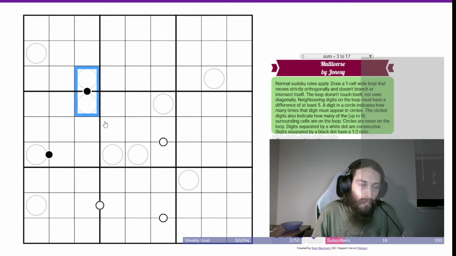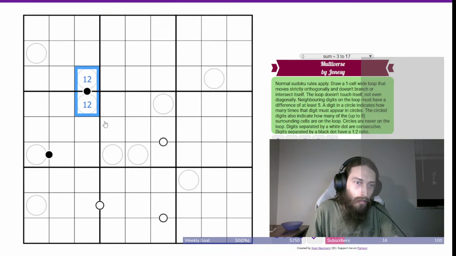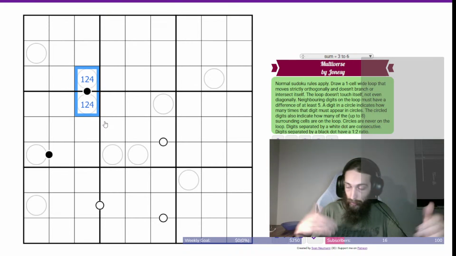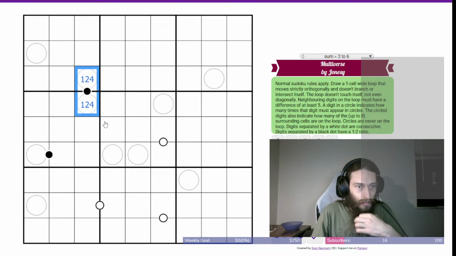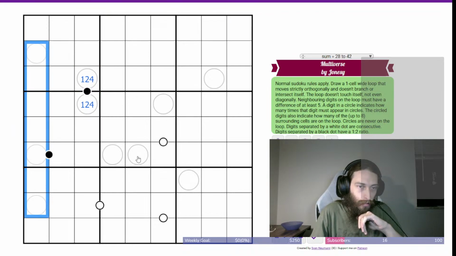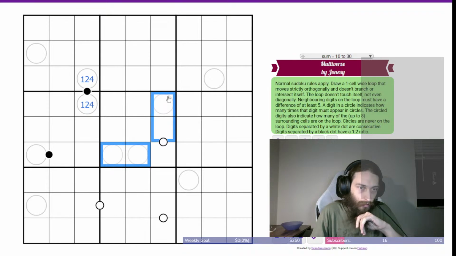Well, that means this is going to have to be 1, 2, or 4, because we just ruled out 3, 6, and 1. So we know 2 exists, and it's going to occur in this column and this box.